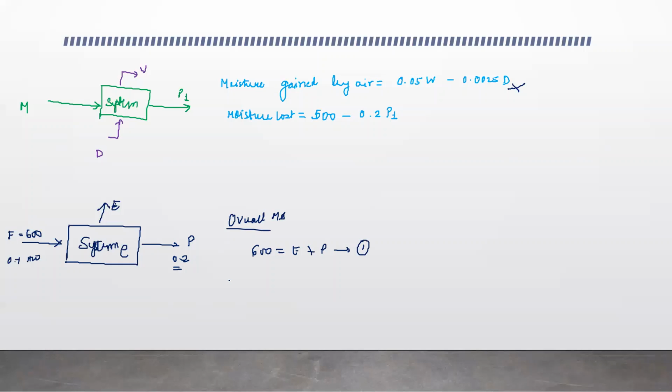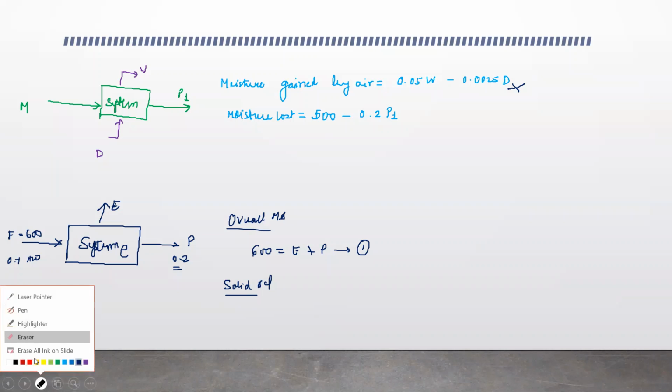And the second is the solid balance equation, which is 0.7 into 600 is equal to 0.2 into P. So sorry. Just a minute. Solid balance, right? So this is water. See, this is the problem. This is a very common mistake.